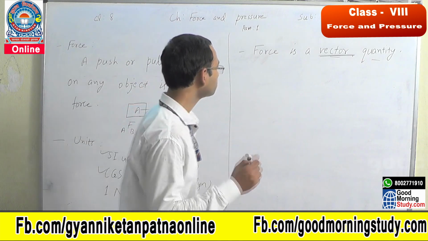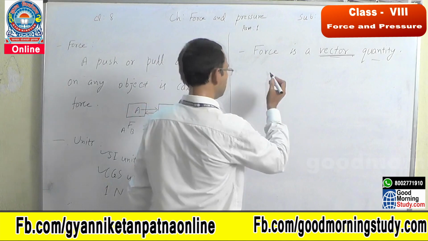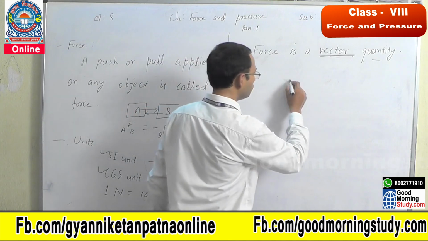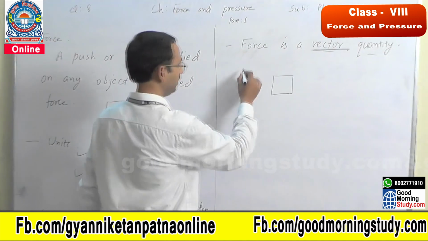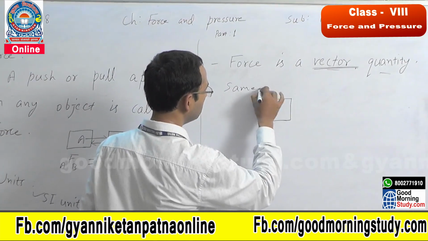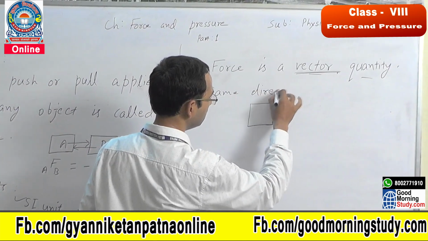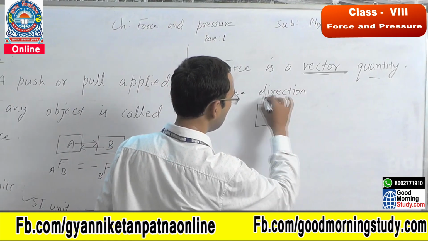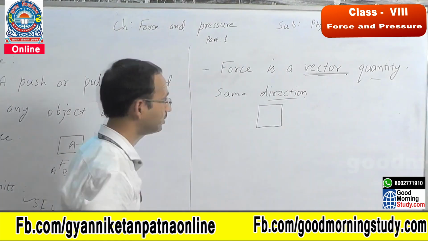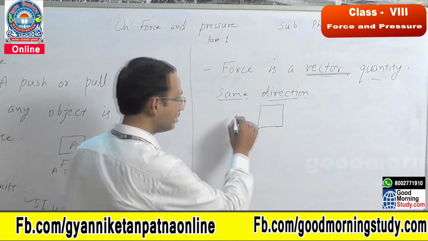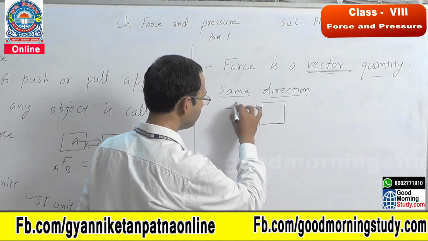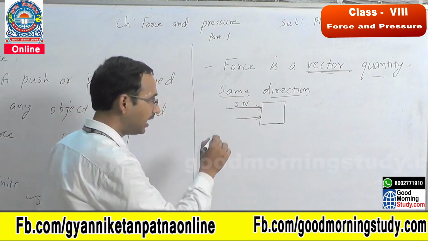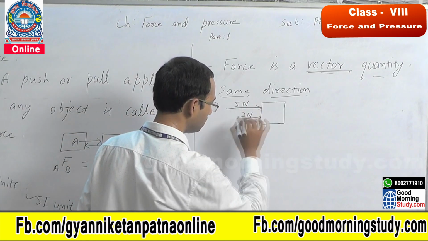Let us see an example, and see how direction is important. Suppose two forces act on the same body in the same direction. Suppose first is of 5 Newton and another is of 3 Newton.